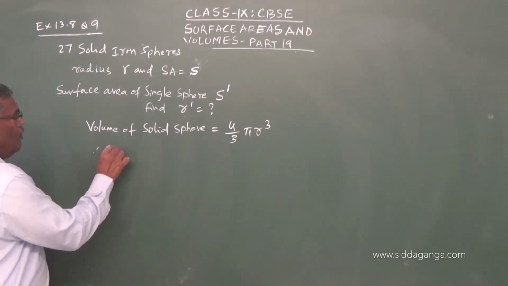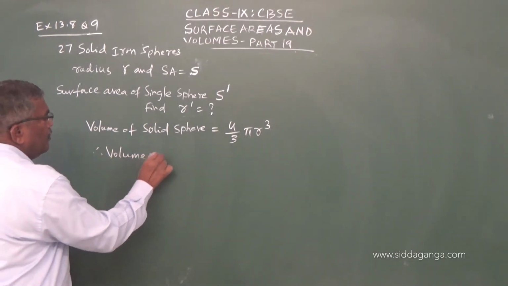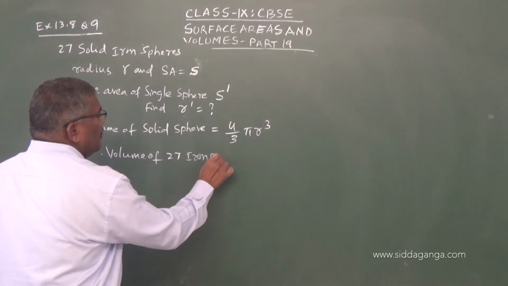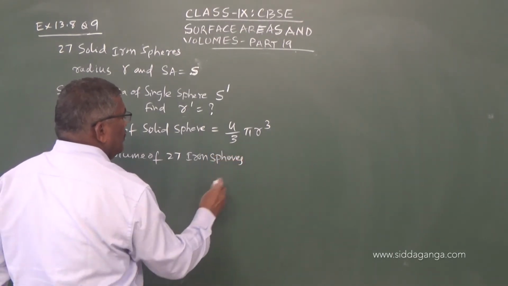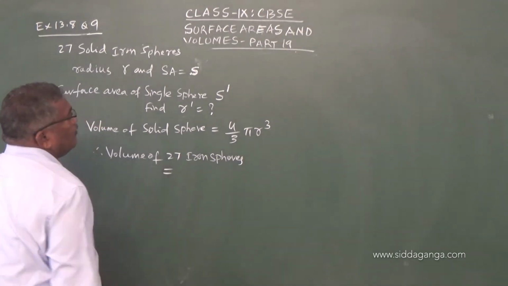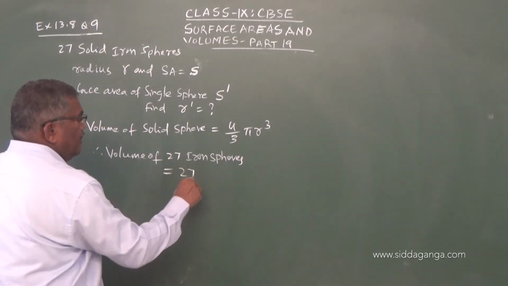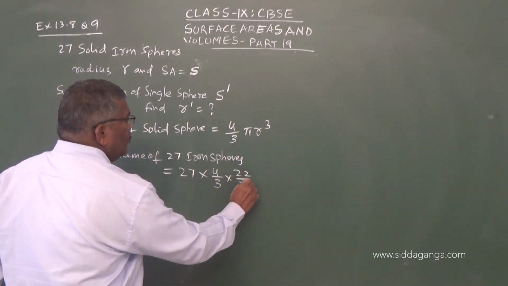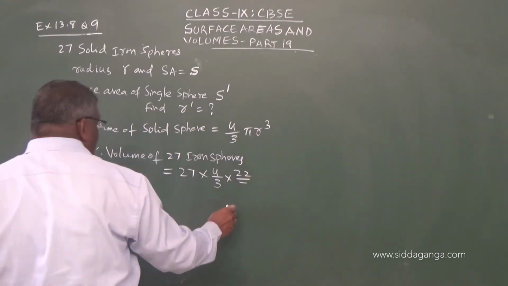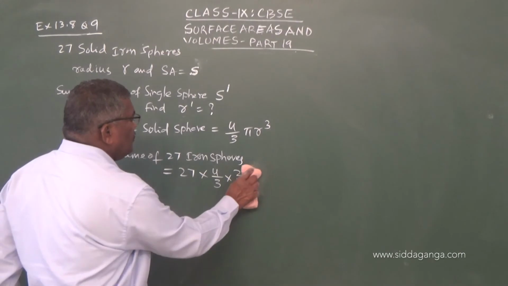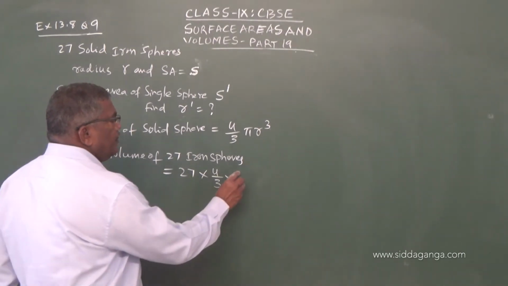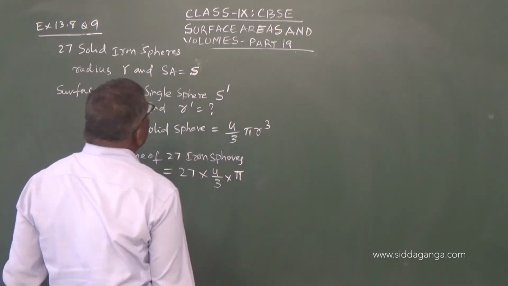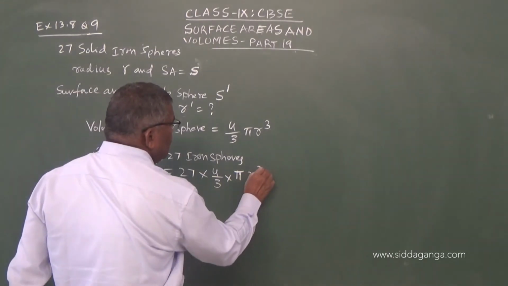So therefore volume of 27 iron spheres will be equal to 27 into 4/3 into pi, and radius is R, I will write as R cube.